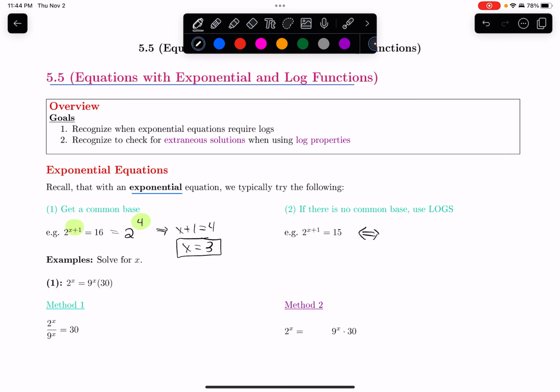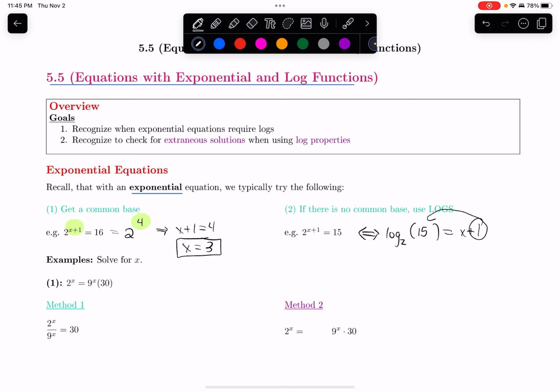In log form, the base of the exponent becomes the base of the log. I'll get log base 2. And then the input and the output get swapped. The input of the exponential is x plus 1, and the output is 15, so they switch spots. 15 is now the input of the log, and x plus 1 is now the output of the log.